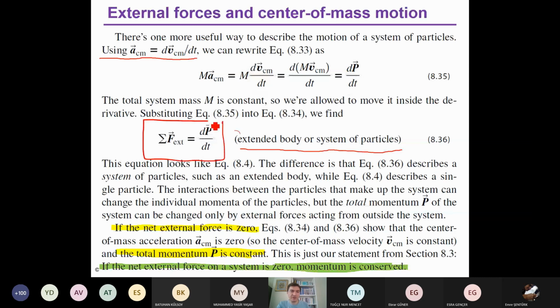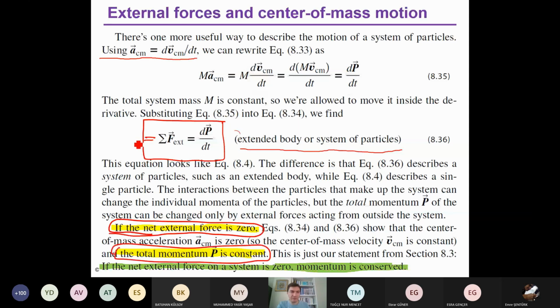Then let me finish with this one, the center of mass and external forces. I have already shown you this expression: the total net external force acting on a system is given by the change in the momentum of the system, okay? But if the net external force is zero, then the total momentum is constant.